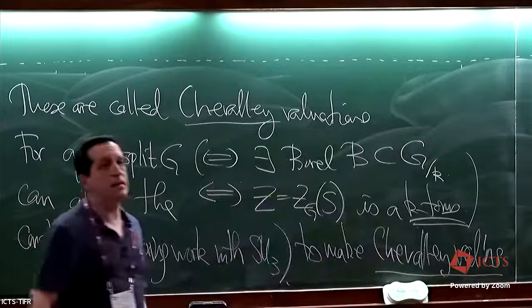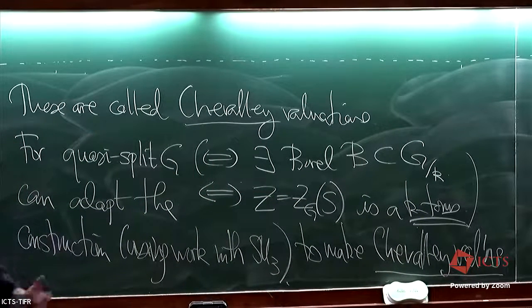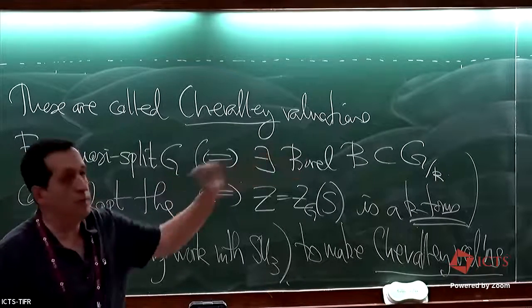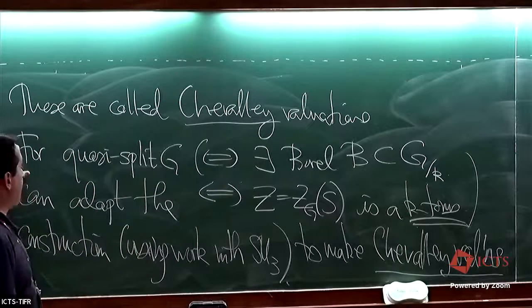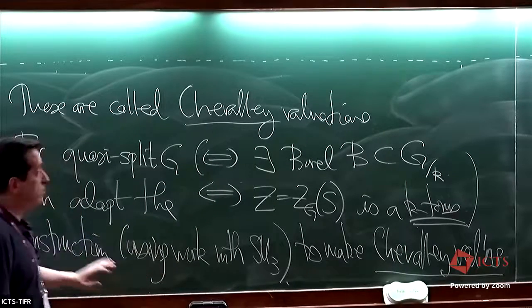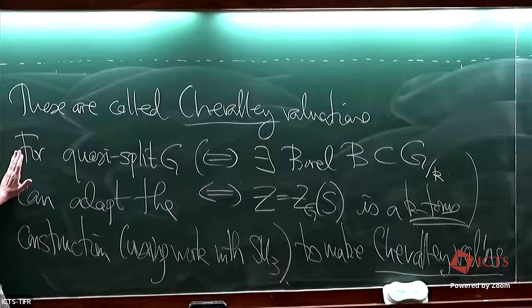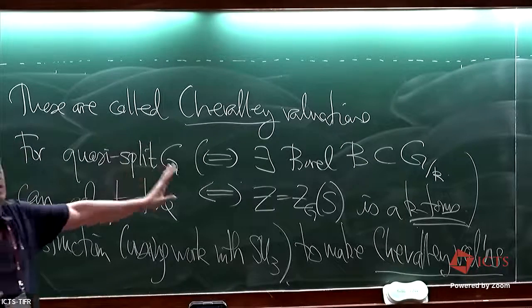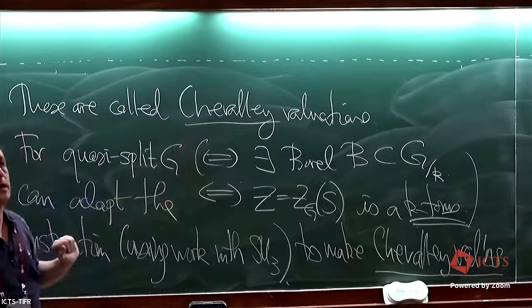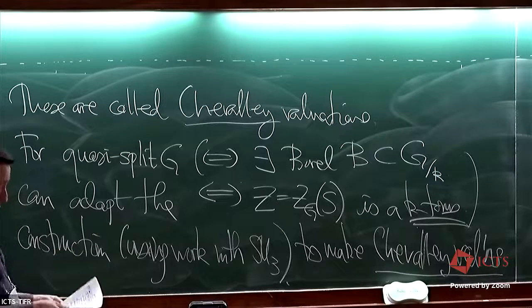I'm not going to give the specific description because it involves some gritty work with the nature of root groups for SU3 that I don't want to get into. But the point is, the concrete thing that we discussed last time can, with some real work with SU3, actually be shown to make sense here as well. So there's some reasonable class of valuations that are quite concrete that you can also write down in the quasi-split case.